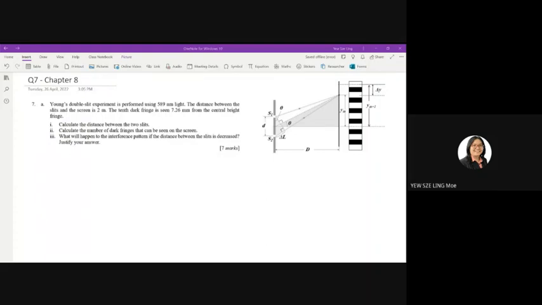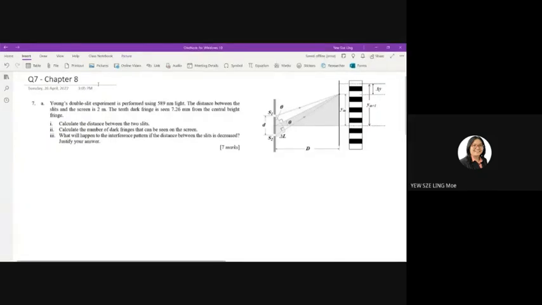So for this question, the first thing you have to find is what type of experiment, what type of effect you're looking at. In this question, you're looking at the Young double slit experiment, which is a double slit interference. The double slit interference is performed by using 589 nanometer light.